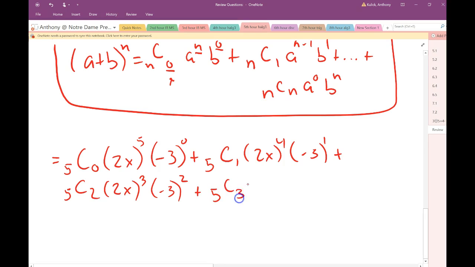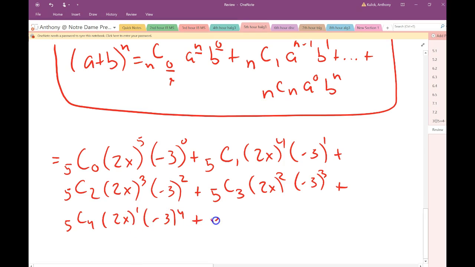And 5 choose 3, 2x to the second, negative 3 to the third, and then 5 choose 4, 2x to the first, negative 3 to the fourth, and then 5 choose 5. That's my last one, 2x to the 0, negative 3 to the fifth.